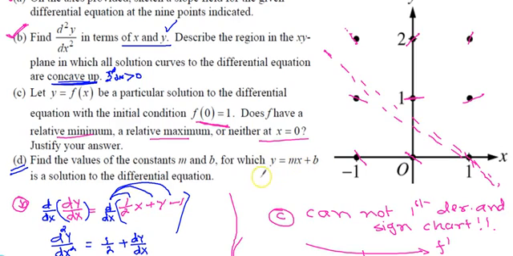So what that silly question is, find the values of m and b for which y equal to mx plus b is a solution to the differential equation. So we already have that line here. y is equal to negative 1/2 x plus 1/2, right? We draw the line here, this line, where the solution curves are like this is the boundary.